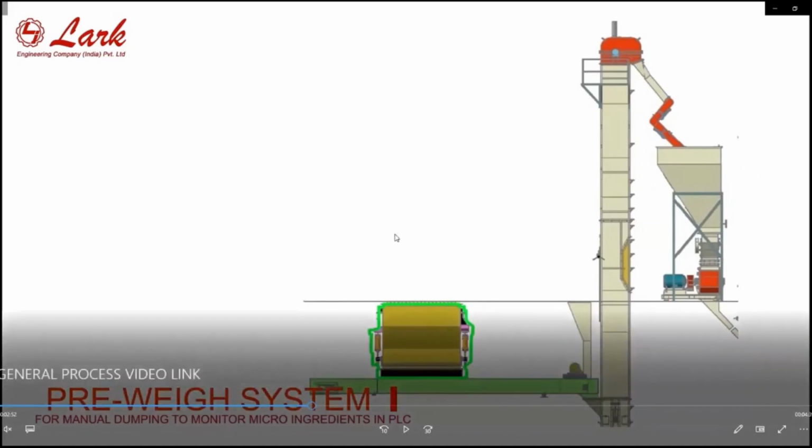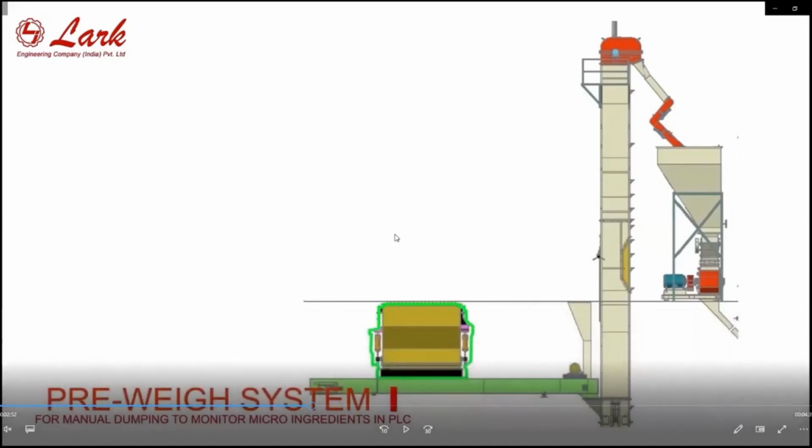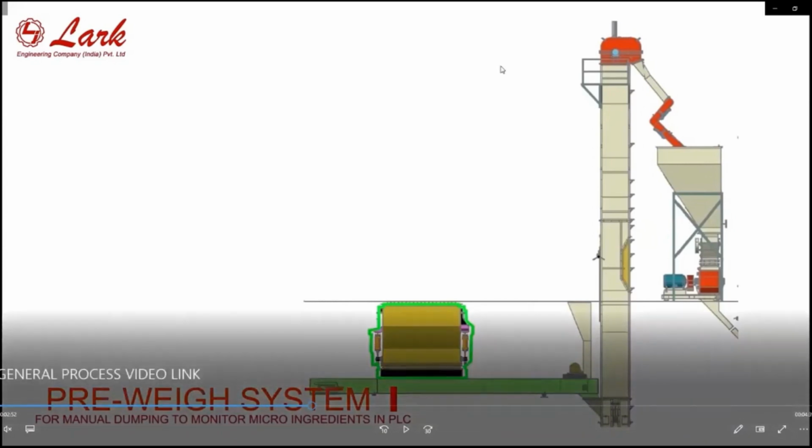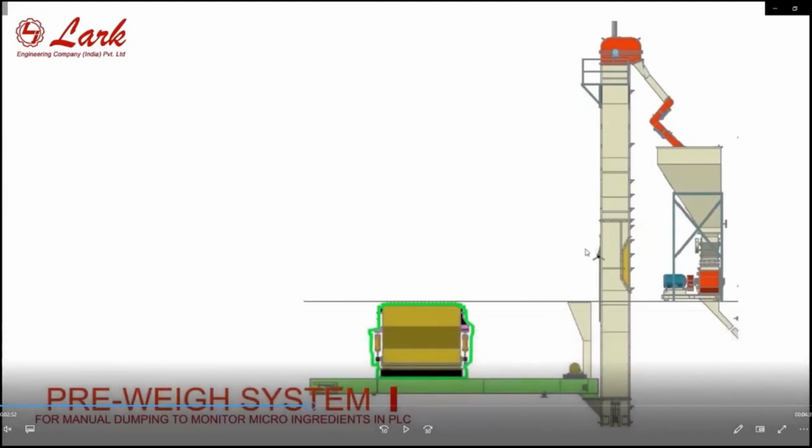For example, instead of 30 kg, if he puts 32 kg or 28 kg, we can have a complete record of the manual items in the PLC report. So that is a new feature to monitor the ingredients that we are adding manually to the grinder elevator.